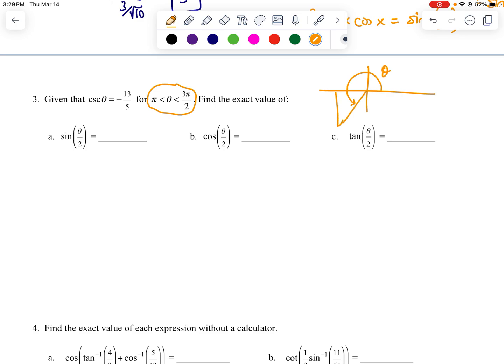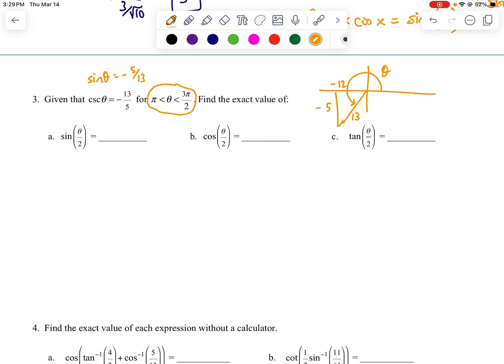There's theta, and it has a cosecant of negative 13/5. That means it has a sine of negative 5/13, so this is going to be negative 5, and this is going to be 13. Then by the Pythagorean theorem, this is one of our Pythagorean triples, a 5, 12, 13, so this is negative 12 over here.